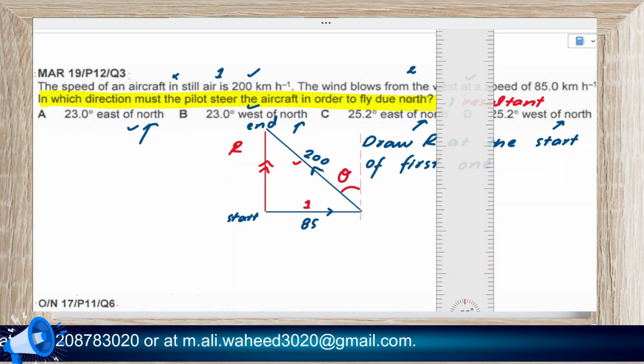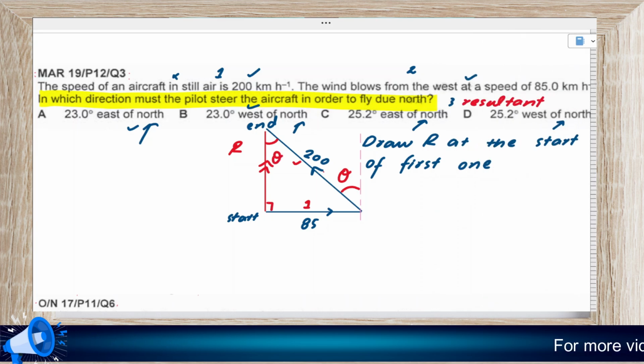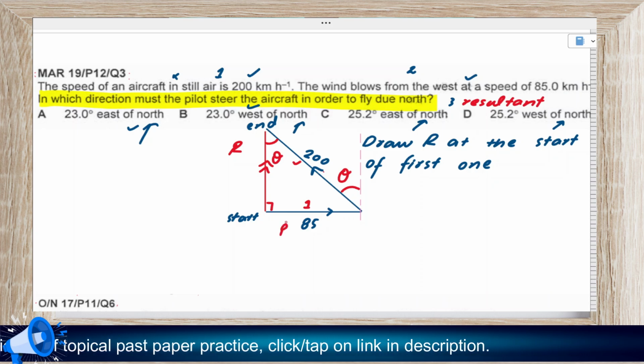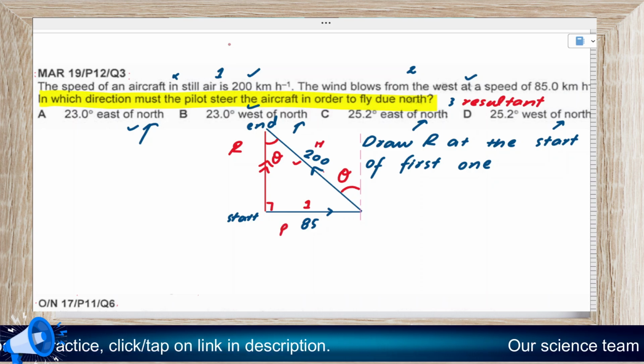So you need to find this angle theta, and if this angle is theta, then this angle would also be theta, and this is a right angle triangle. You can use trigonometry here. What we can use is sine theta. This is the angle theta, this one would be perpendicular, and this one would be hypotenuse.